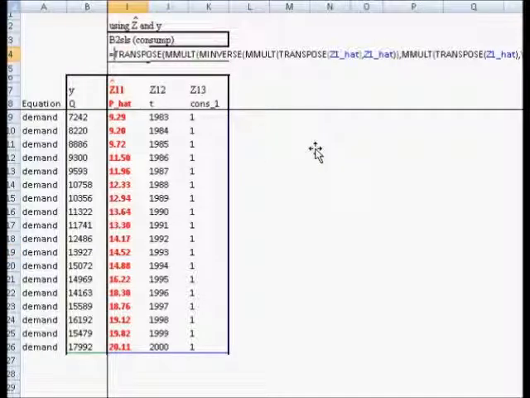And the way we do that is we just type, like we did before, equals transpose, m multiply, parentheses, m inverse, parentheses, m multiply, parentheses, transpose, parentheses, z1 hat, close parentheses, z1 hat, close parentheses, m multiply, parentheses, transpose z1 hat, comma, y1 underscore, close parentheses 3 times.